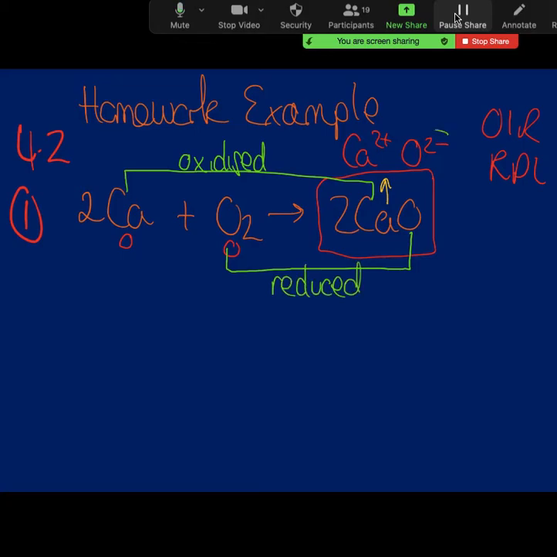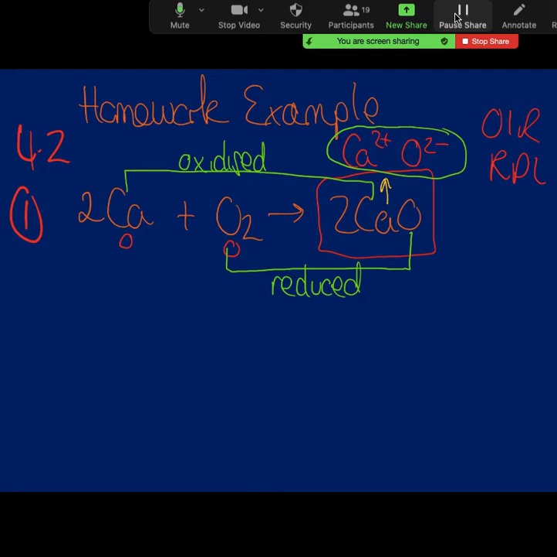Now you don't need to put in this part if you can see it in your head. Your examiner doesn't need to see that part, but maybe for now it will help you work out what is what. And the other thing we're going to do, in red, is the other part of the question, which asks you to identify the oxidizing agent and the reducing agent.